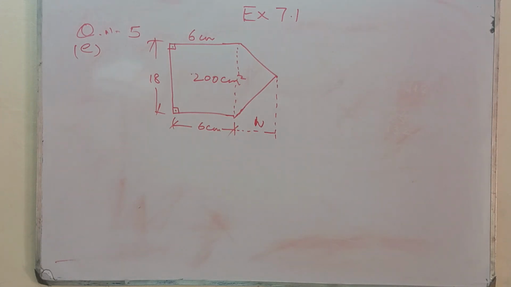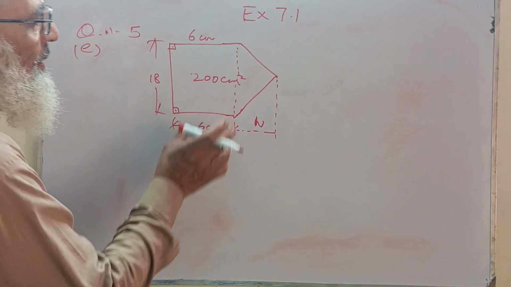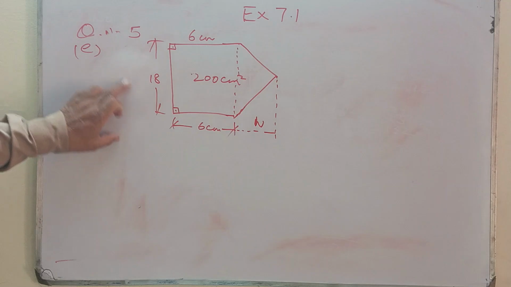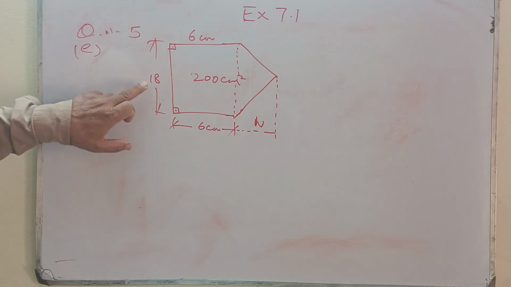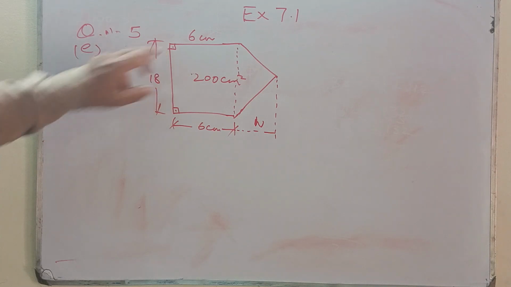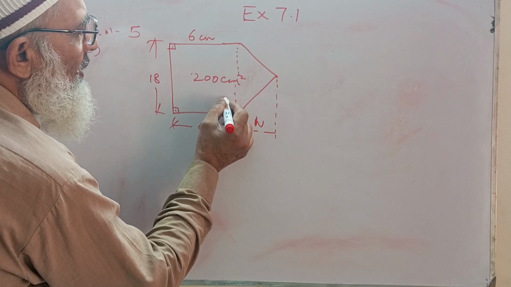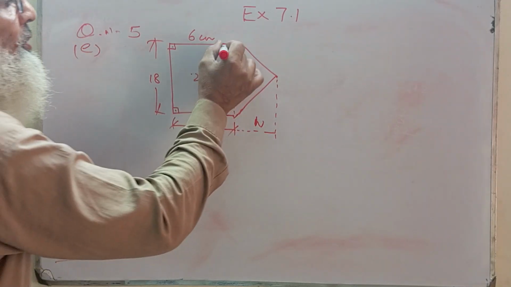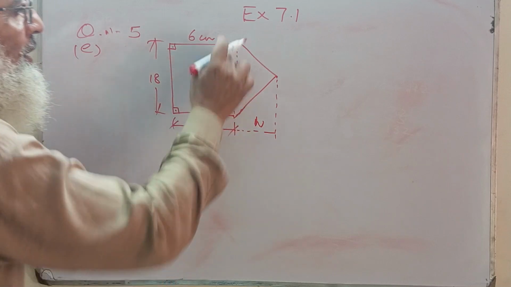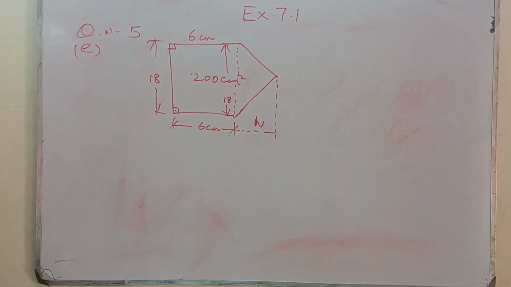It is very easy to find the height over here, because you see that this is 18, and when the two sides are at right angle, obviously this is also 18 from here to here. Now, half base into height.